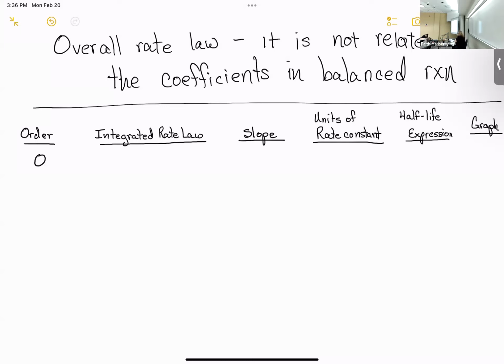Now, when you have a 0 order reaction, the integrated rate law is that the concentration at a given time is equal to negative kt plus the original concentration.